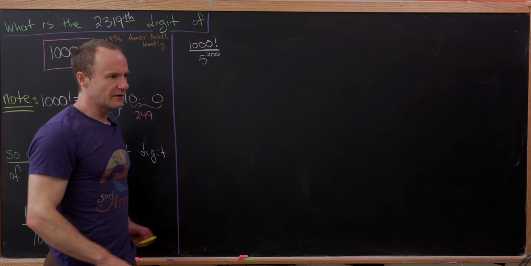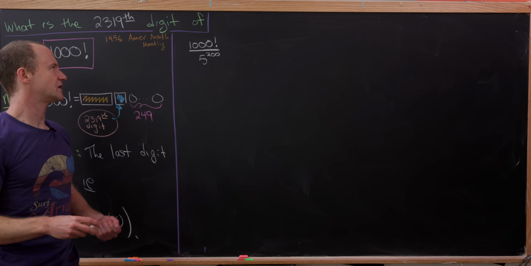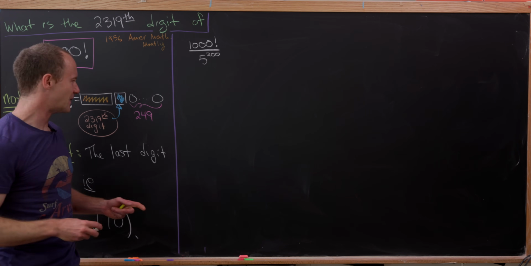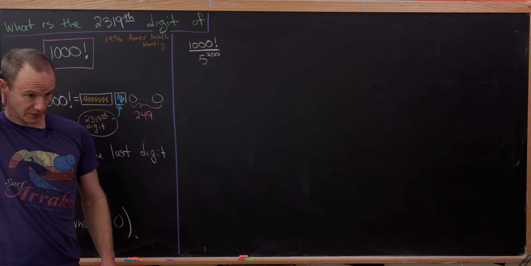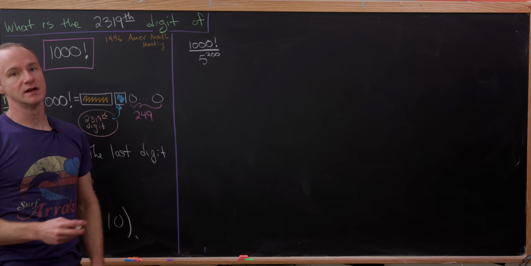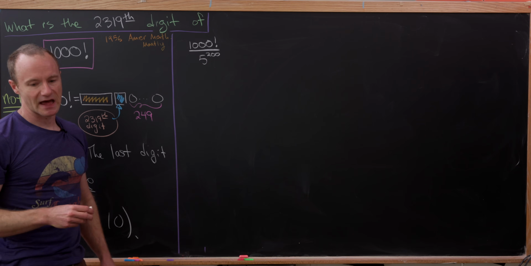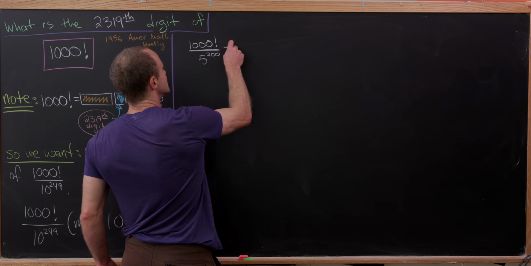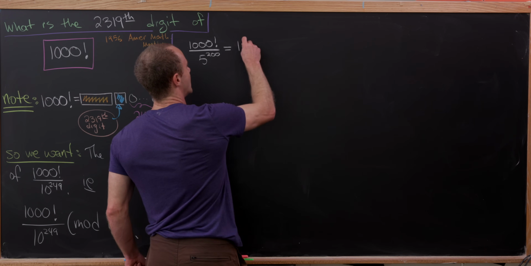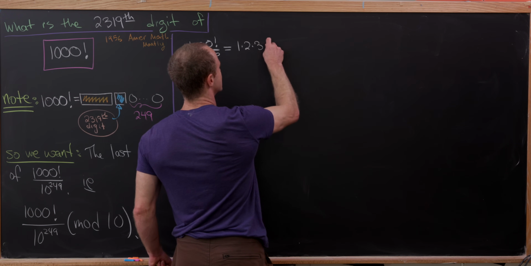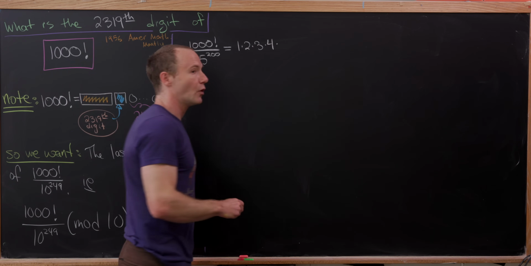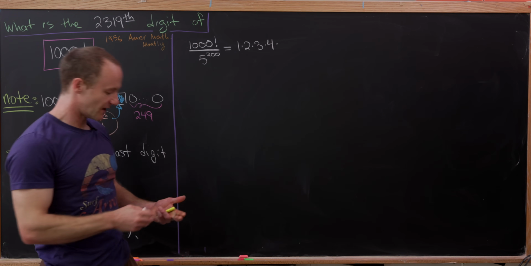And let's recall that that 200 was equal to 1,000 over 5, based on that formula for counting the number of times that 5 divided into 1,000. So just keep that in mind. Okay. So this is going to be equal to 1 times 2 times 3 times 4, but we skip 5 because we've divided it out.